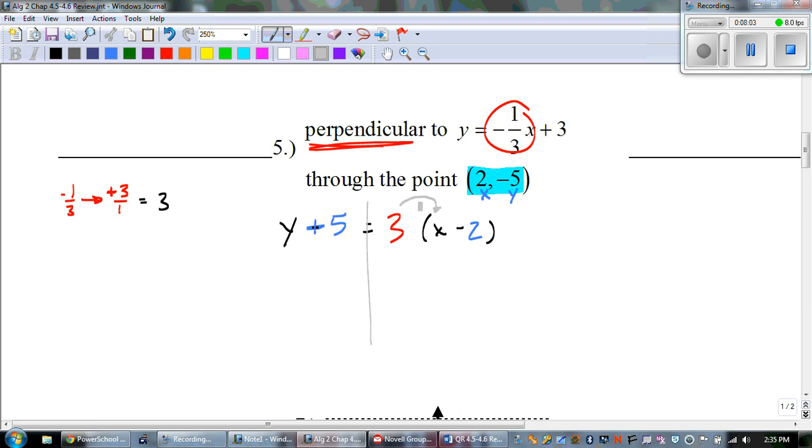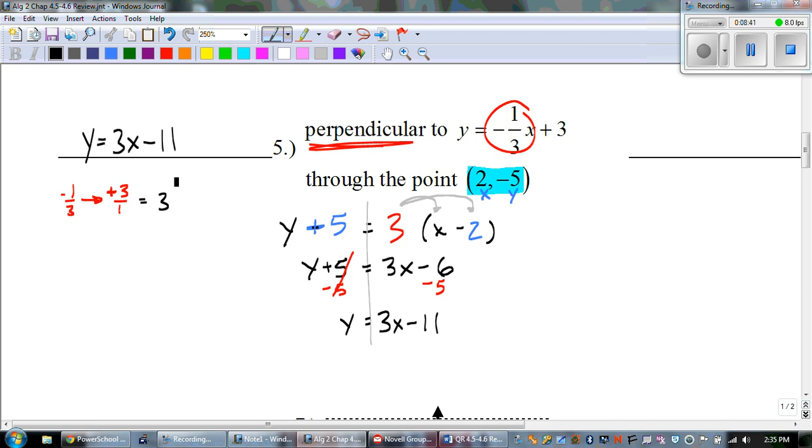Okay, so go ahead and distribute the 3. 3 times x is 3x. 3 times 2 is 6. Now, the y is not by itself, so we have to subtract 5 to both sides. And now you just have to be careful with your negatives. -6 minus 5 is -11. Okay, so y equals 3x minus 11.